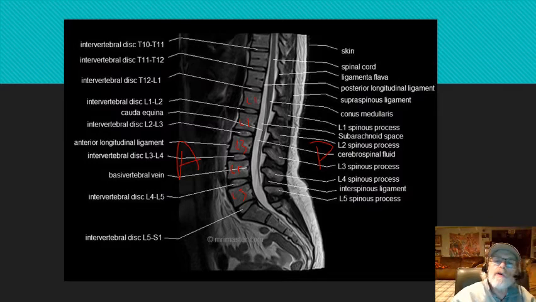Here's the spinal cord. You can see the spinal cord is this whole darker area in there. The fluid around the spinal cord is white inside there. That's the cerebrospinal fluid that bathes the spinal cord, and you can see the disc spaces, the intervertebral discs.